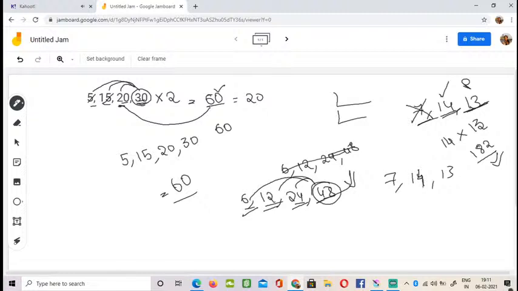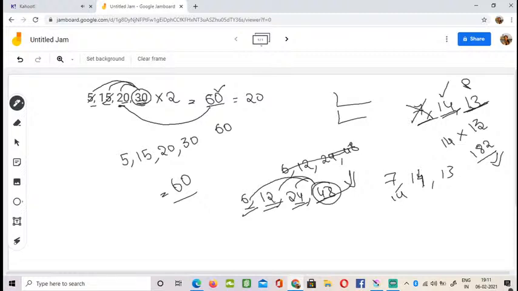LCM means common multiple. You'll have many multiples, like for 7 you'll have 14, and so on. From these multiples, you write down the common multiples aside, and from those you see which is the lowest common multiple, the least common multiple.